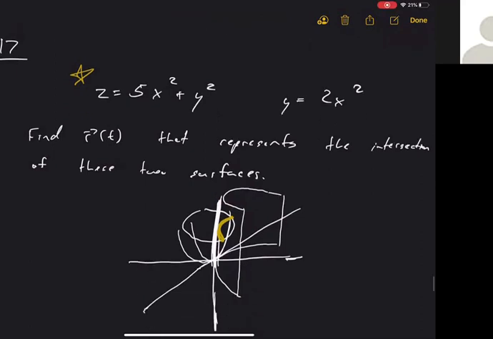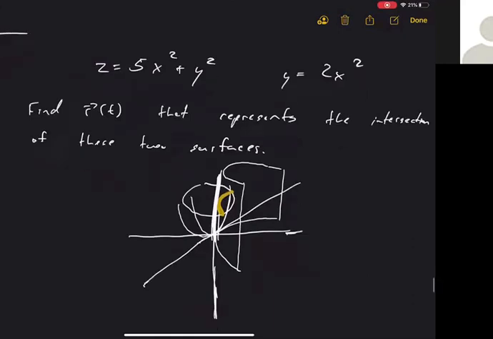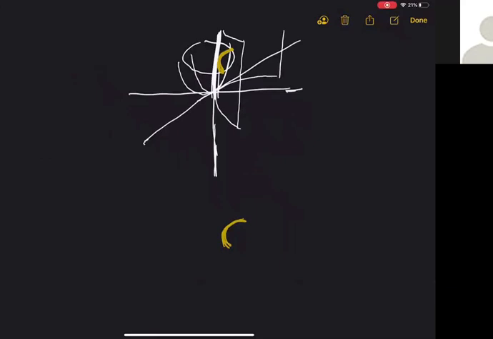Well, this intersection is the points x, y, z, or the vectors x, y, z that make both of these equations simultaneously true. So both of these equations have to hold for my t values.